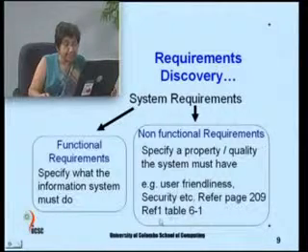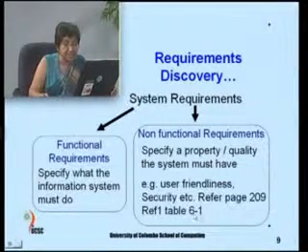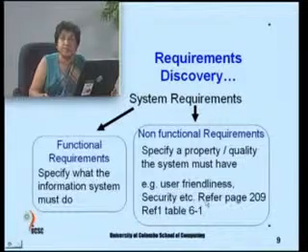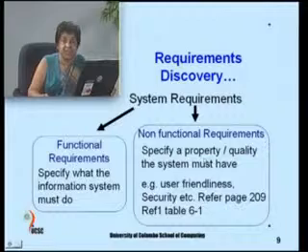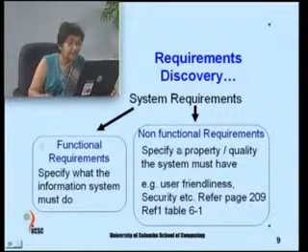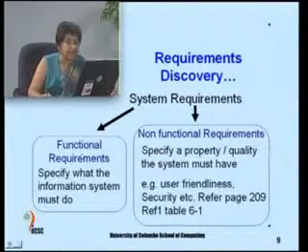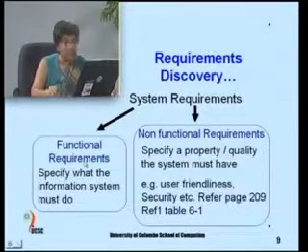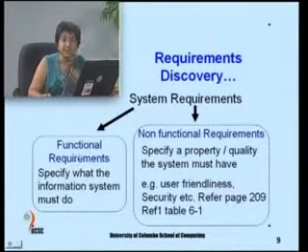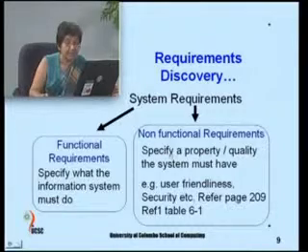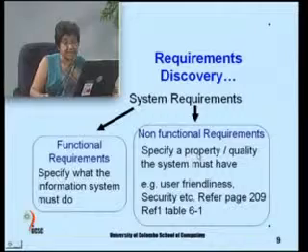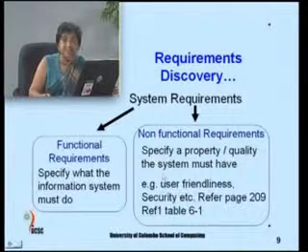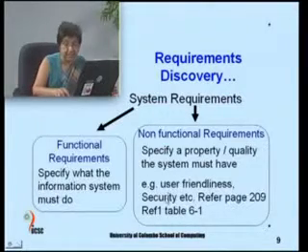There is a very good table in the reference 1 book, table 6.1, that gives a whole list of other qualities or properties that a system must have in addition to the functional requirements. Functional requirements are of the utmost importance, they should be there, whereas these are, I would say, nice to have things, and out of those things also there may be certain things which are really very important, things like security and so on.